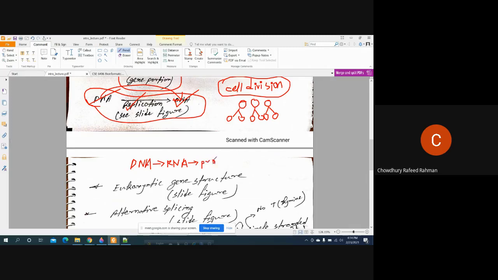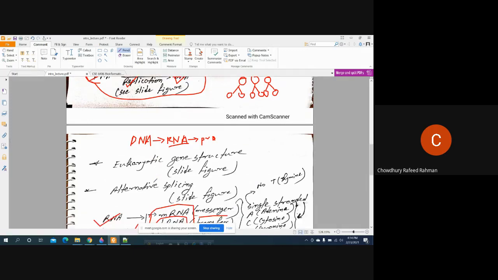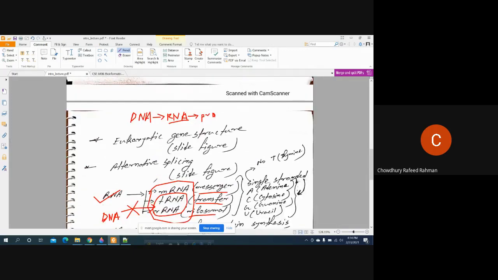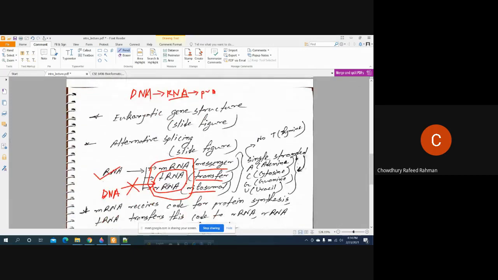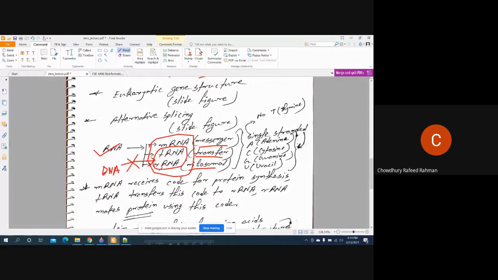By RNA, we mean all three types of RNAs: mRNA, tRNA, and rRNA. These three together form the protein. One type of RNA cannot make the protein alone. You will need all three of these in order to make a protein. So let's see how this works.